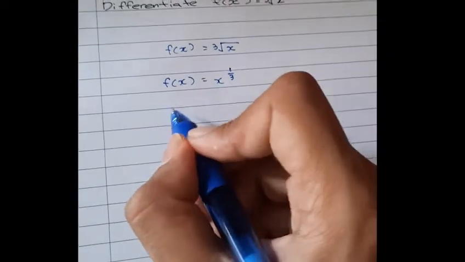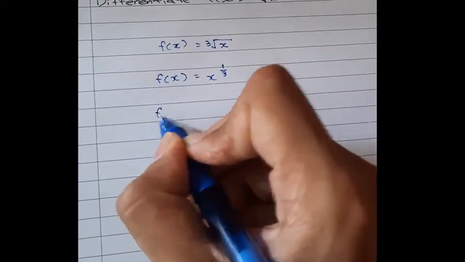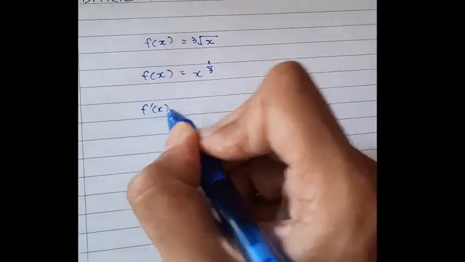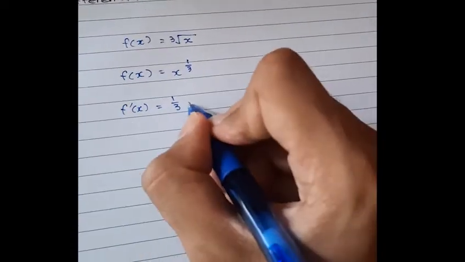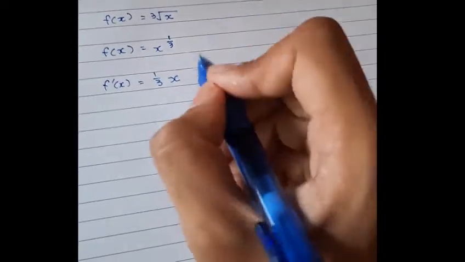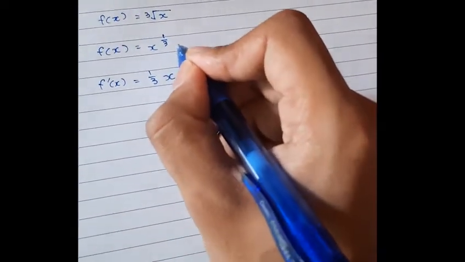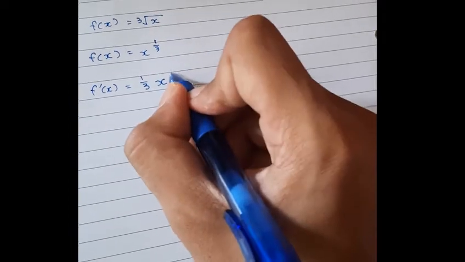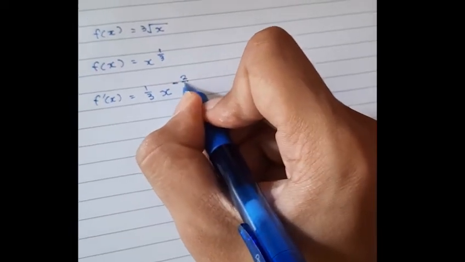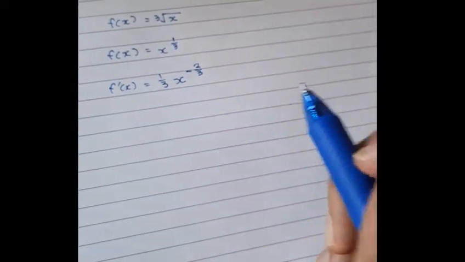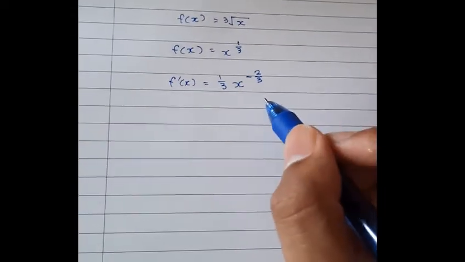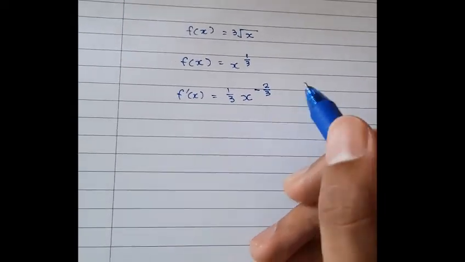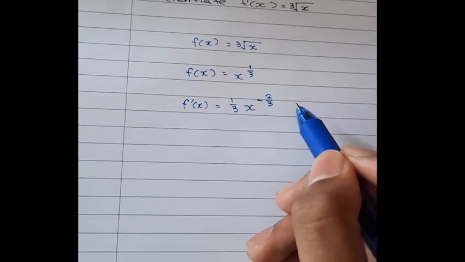So f prime of x equals 1 over 3 x power 1 over 3 minus 1, you will get negative 2 over 3. So we get 1 over 3 x power negative 2 over 3.